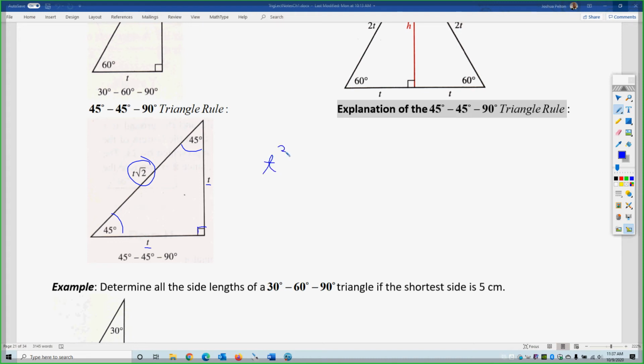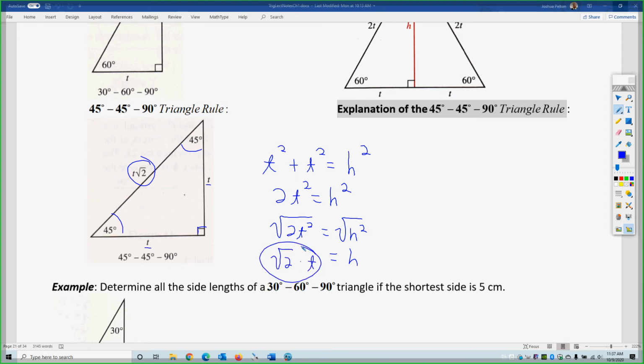The leg squared plus the leg squared equals the hypotenuse squared. So 2t squared equals h squared. If we square root both sides, we get the hypotenuse equals root 2 times t, which is the reason why the hypotenuse is root 2 longer than the legs, and the legs are smaller if we go the other way.